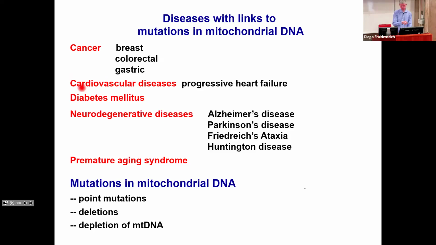Other diseases would be cardiovascular disease. The heart needs lots of energy, so if there's some failure in mitochondrial DNA, you cannot provide this energy, and you have some kind of progressive heart failure. Diabetes is also associated with some mutations. Then neurodegenerative diseases like Alzheimer's and Parkinson's, with loss of neuron function.